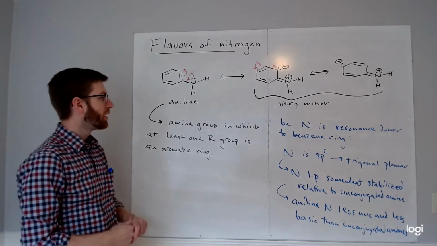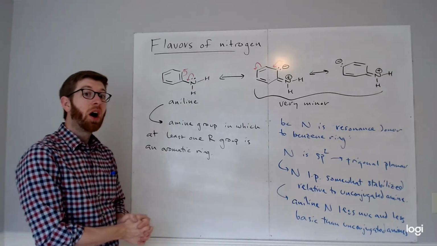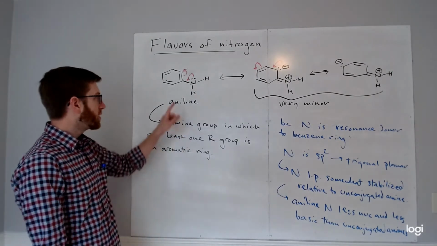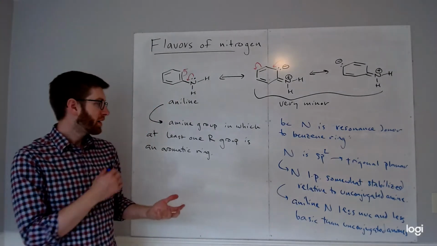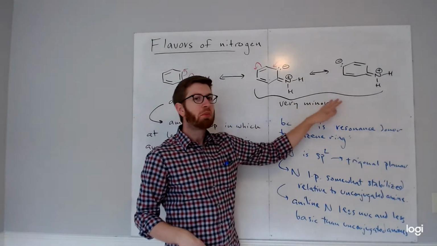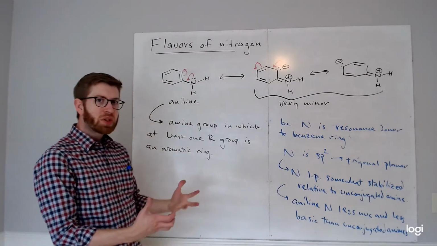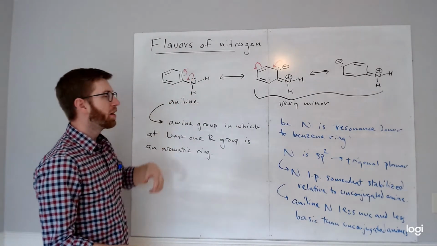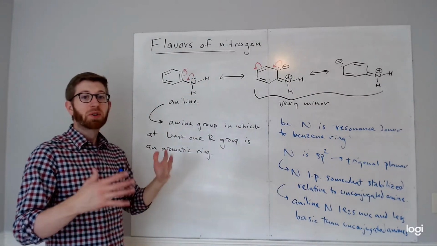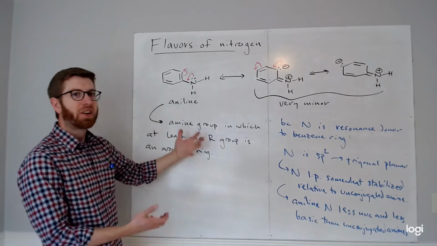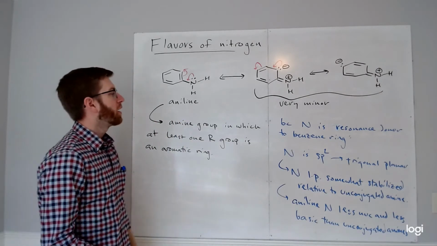One thing I do want to point out though, unlike amides, it's still going to be the nitrogen that's the reactive site here. Because these are such minor resonance structures, most of the electron density from this lone pair is on nitrogen. Like I'm going to make up some numbers, like 95% of it or something like that. The carbonyl would be different.